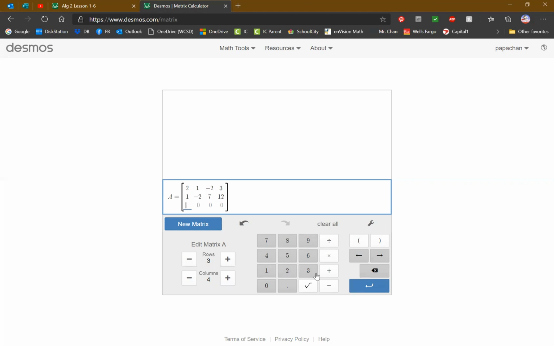Finally, third row, 3x minus y plus 5z equals 10.